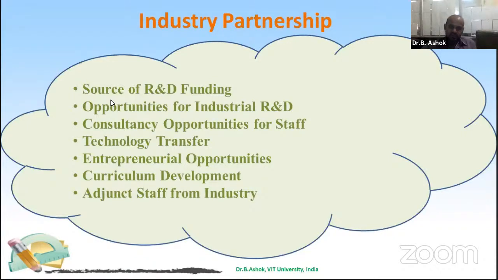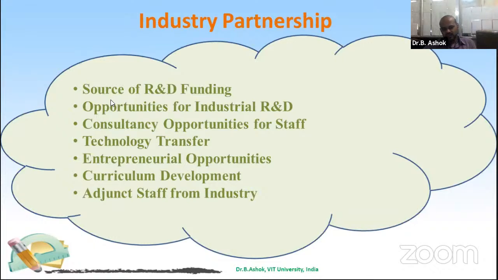By means of the industry partner, if you can do better research, you can get a better industry partnership. Thereby, you can get R&D, research and development funding, industrial R&D, consultancy opportunities for students as well as faculties, technology transfer, and entrepreneurial opportunities.